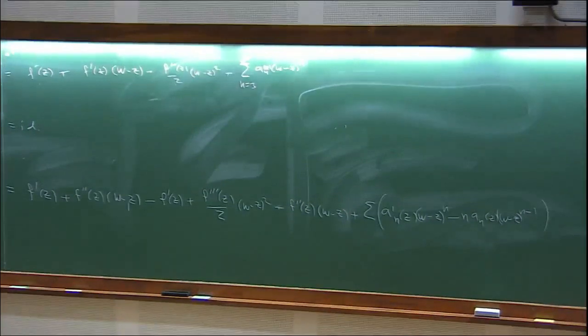No. At the point z, it's equal to the identity. So I'm going to take the derivative of this at the point z. Okay, so z could be 0, I guess, if you wanted.